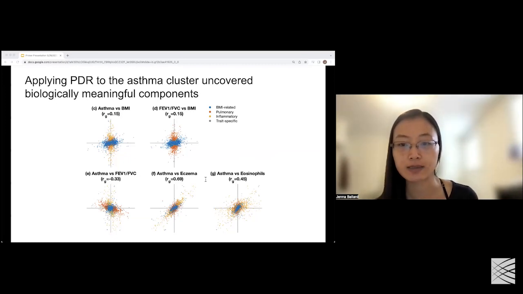However, here we can see that BMI-related SNPs have positively correlated effects between BMI and the other two traits, as shown in panels C and D, whereas pulmonary SNPs drive a negative correlation between FEV1/FVC and asthma, as shown in panel E. So again, this shows how breaking SNPs into components that have different correlation patterns can give more insight into multi-trait genetic architecture than the overall genetic correlation.